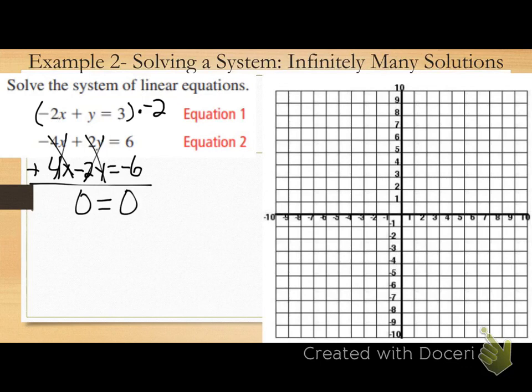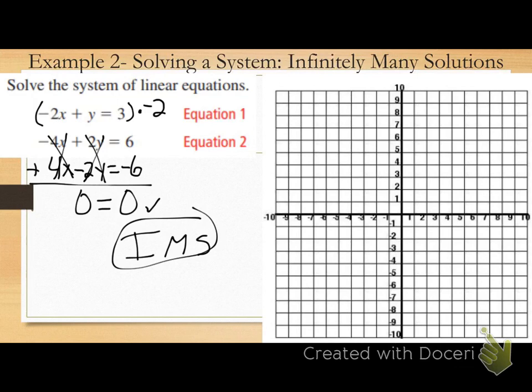0. So, when you're solving by elimination and you get the special solution, infinitely many solutions, all your variables are going to cancel out. 0 equals 0. Is that true or false? True. You're going to get a true statement out of it, and that's when we get infinitely many solutions.